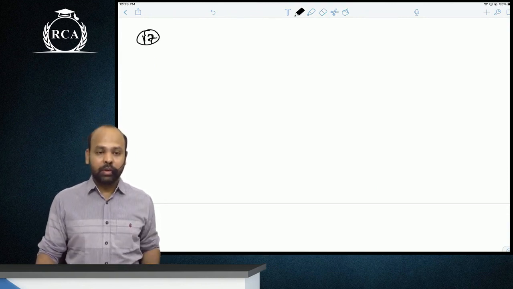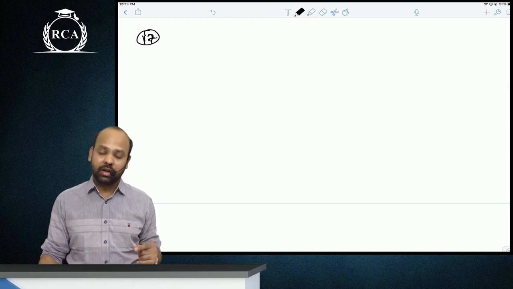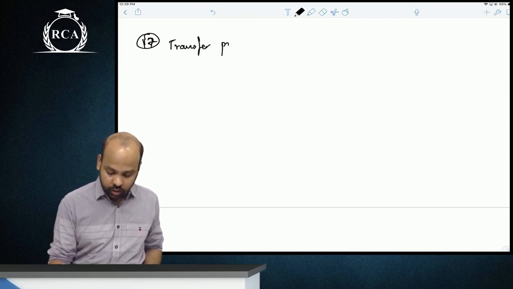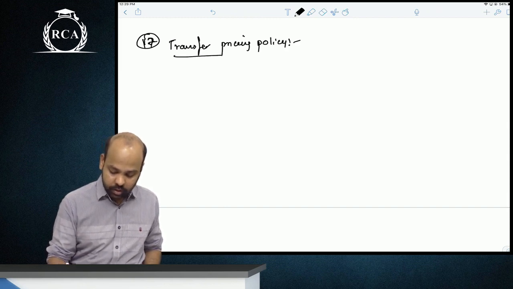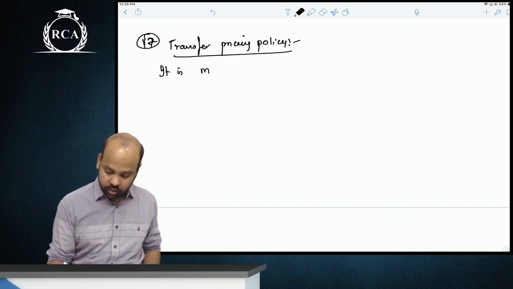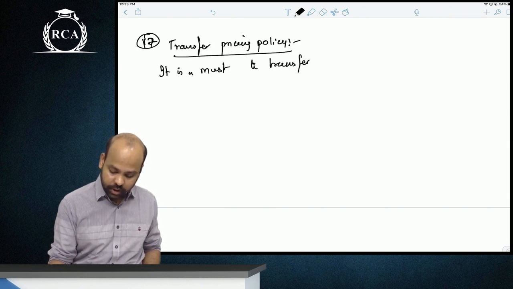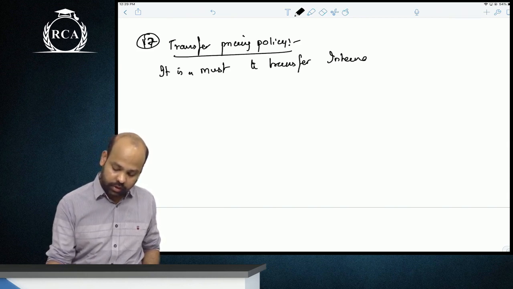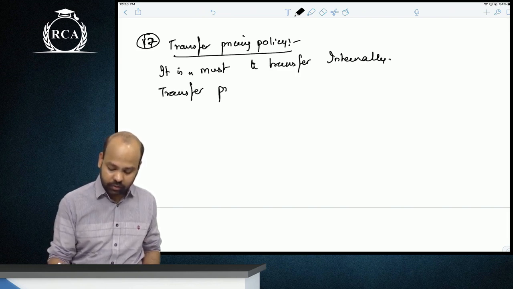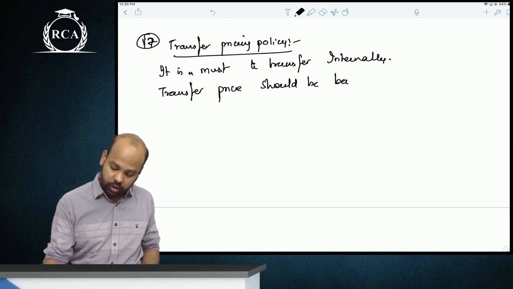A very important part of this question, beta, is understanding what the transfer pricing policy states. The transfer pricing policy states that it is a must to transfer internally, and transfer price should be based on opportunity cost.